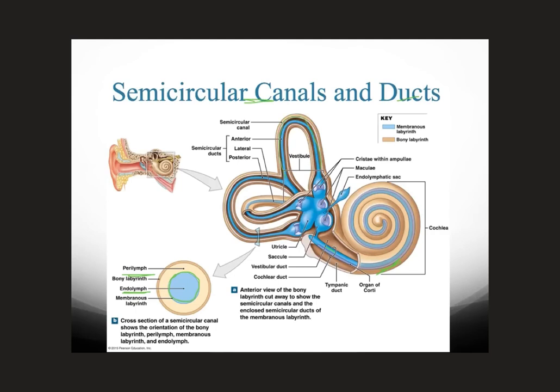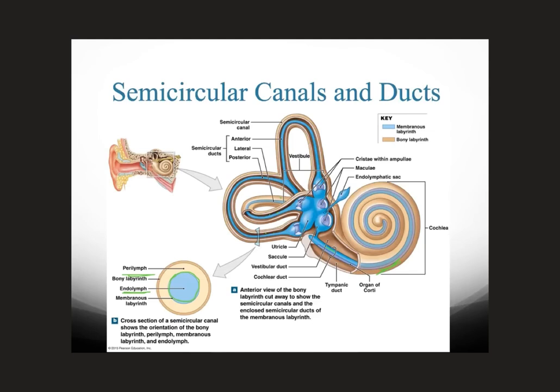Then we're going to have a posterior semicircular duct. Then we're going to have what we call a lateral semicircular duct. And if you notice, these ducts, they're all positioned differently, and this is what's going to give us the sensation of equilibrium. And we're going to see how this works.